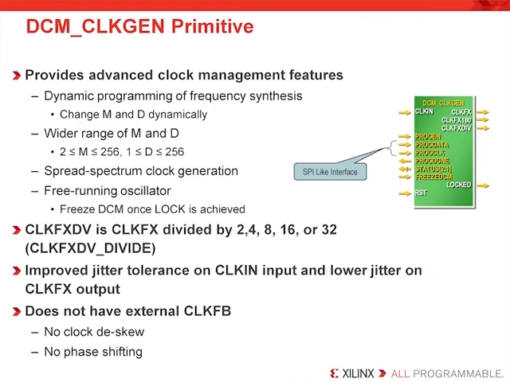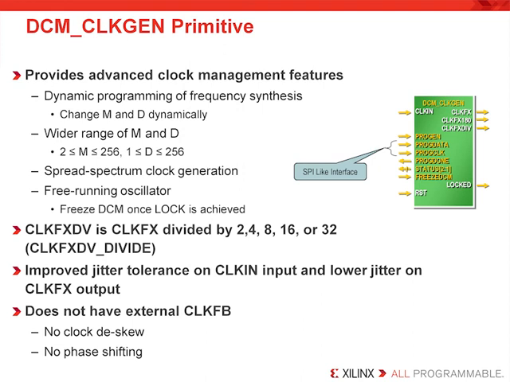Now, the DCM clock gen primitive provides some advanced clock management features we really haven't covered so far. It supports dynamic programming of the frequency synthesis, allowing the designer to actively, while the circuit's operating, change the multiplier and the divisor value dynamically if they so desire. This will support a wider range of multiplier and divisor values as well, so if you would like, you can try that out.